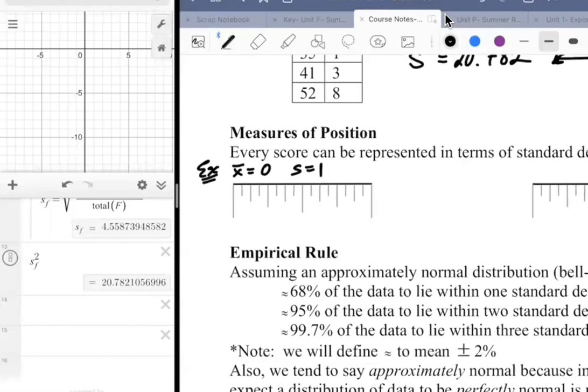And we would establish which tick marks mean what. If I wanted it to be centered around 0, each little tick mark, regardless of size, would be measured in 1 unit increments.